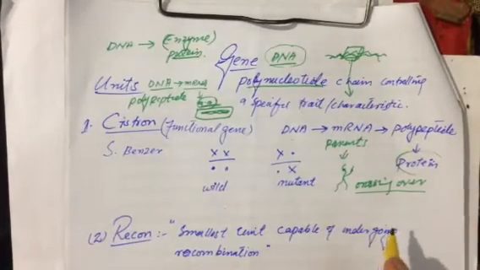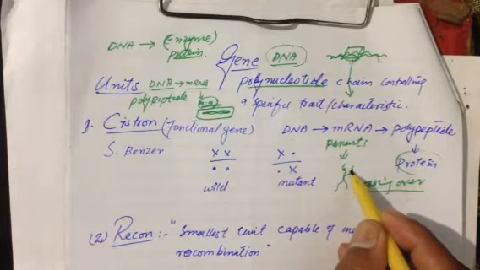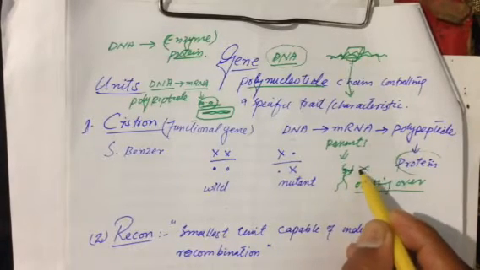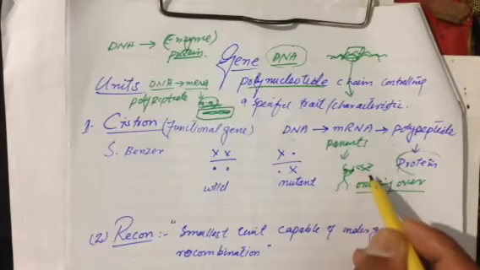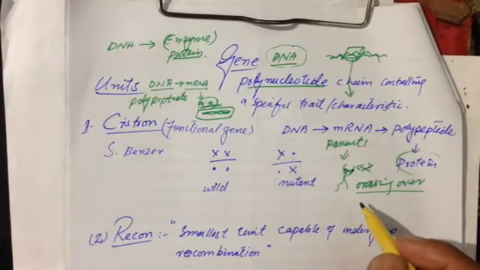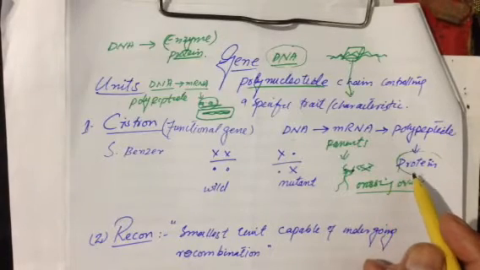So during crossover, these units or these genes change with each other. So it's not possible in all cases that the same progeny will be produced, meaning the same type of polypeptide chain will not always be produced.